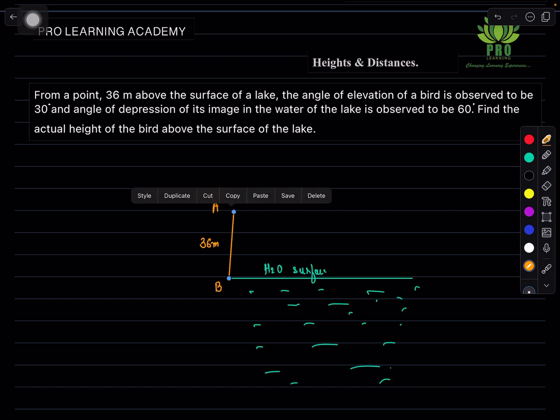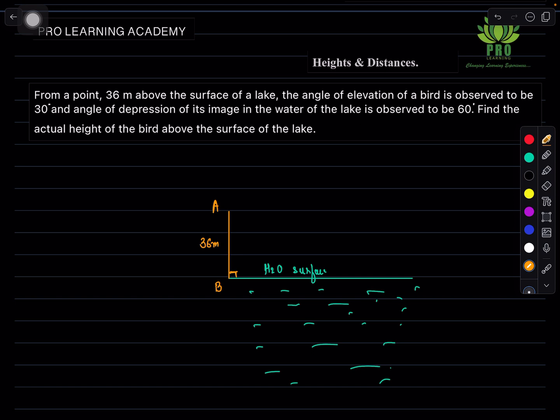Since we are measuring this as a height, this angle B is making 90 degrees with the surface of the water, because that's how you measure the distance of a point A above the surface of the water or the surface of the land. And here it says the angle of elevation of the bird is observed to be 30 degrees.